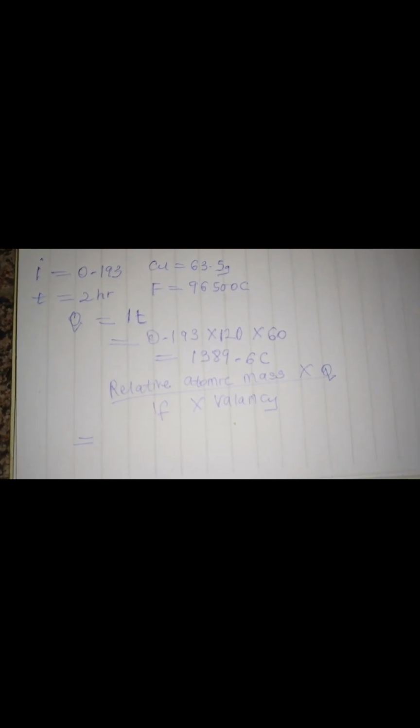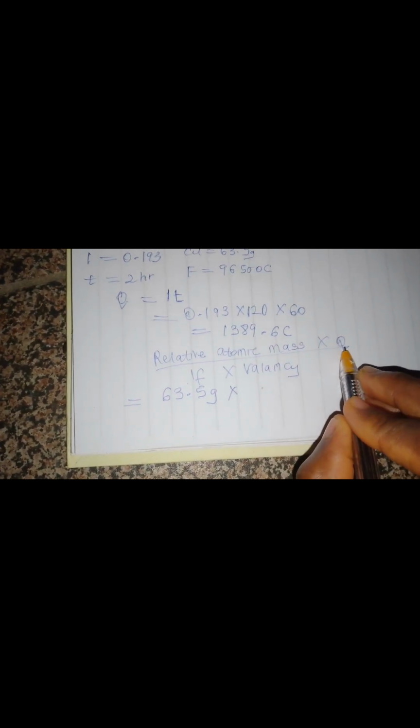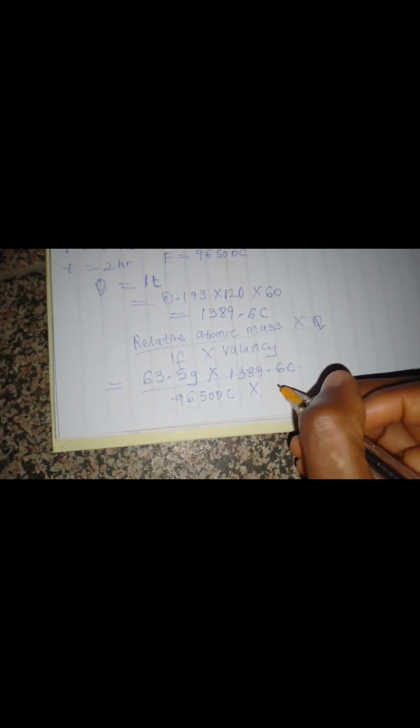Solving for this, we take 63.5 gram, the relative atomic mass, times the charge, 1389.6 coulombs, then divide by 1 Faraday, which is 96,500, multiplied by 2, the valency.